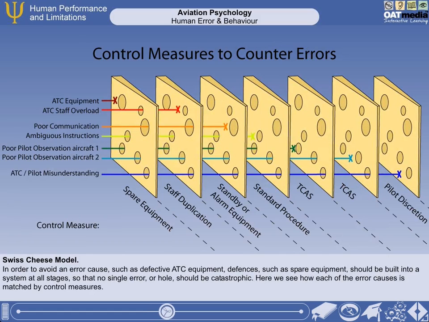In order to avoid an error cause, such as defective ATC equipment, defenses, such as spare equipment, should be built into a system at all stages, so that no single error or hole should be catastrophic. Here, we see how each of the error causes is matched by control measures.